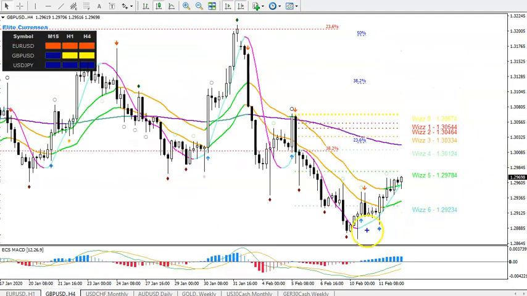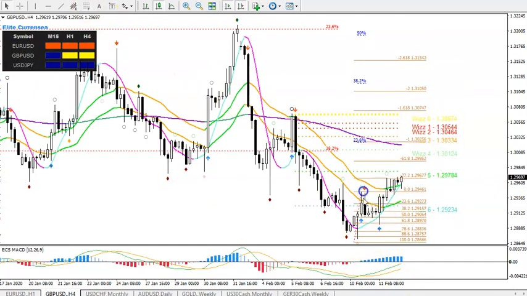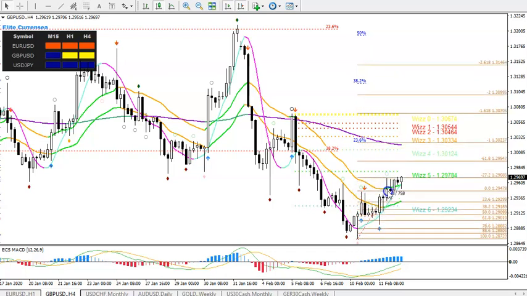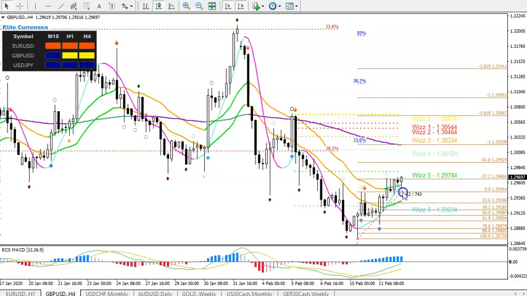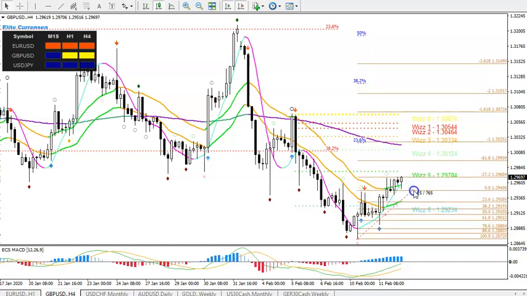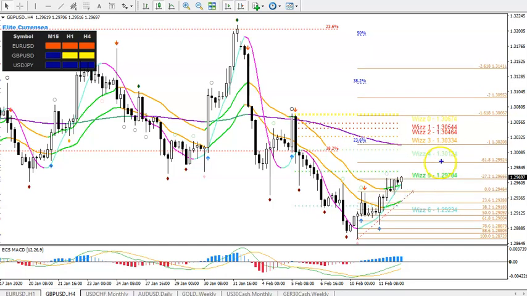Question is, is this an ABC up or is this a bigger reversal? If it's a wave 3, if this is a reversal, right, then this could be a wave 3. In that case, if we put the fib from here to here, oh, there we go, then price should eventually get into the 130.60 zone.